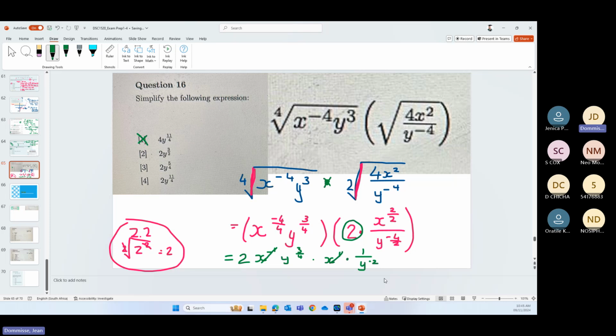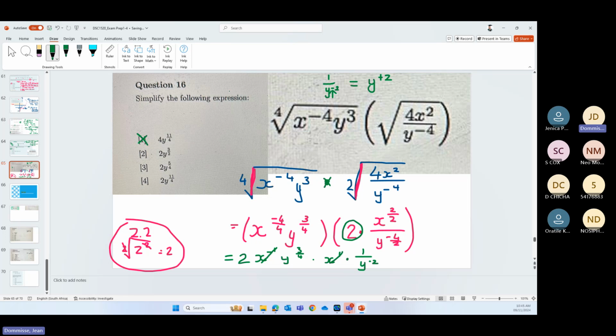So the only thing we need to really work on is this: what is 1 over y minus 2? Whatever is at the bottom, we can take to the top, but then that sign will change. So that will become y plus 2.